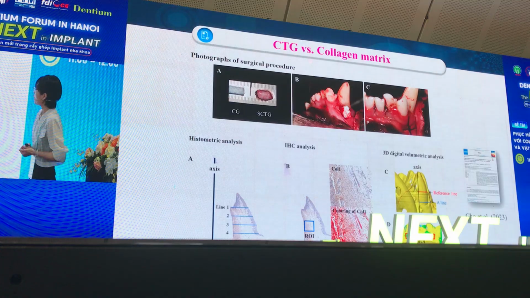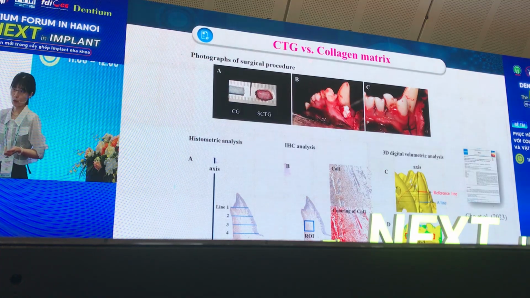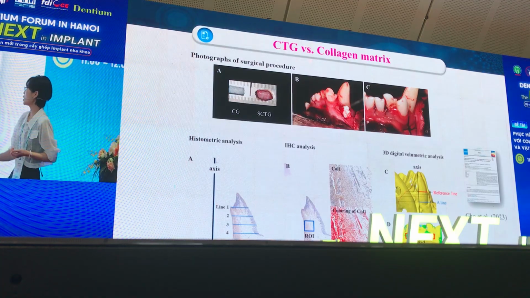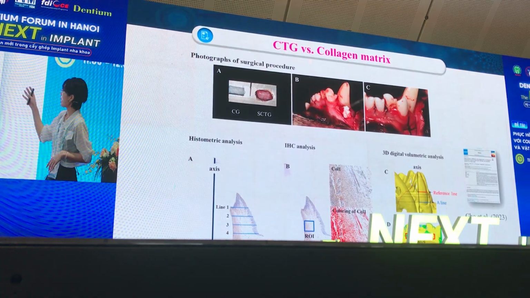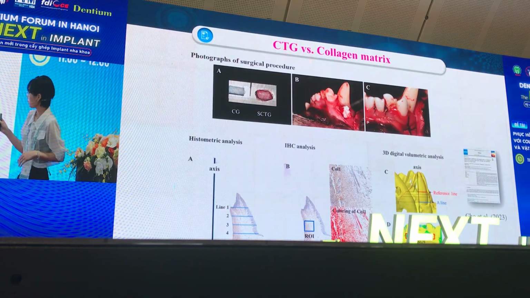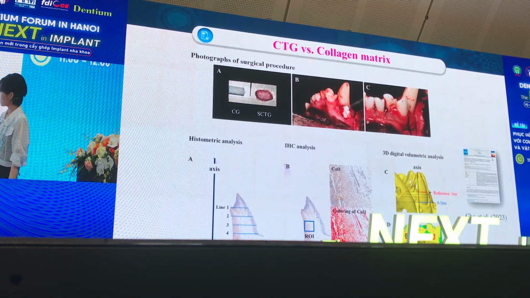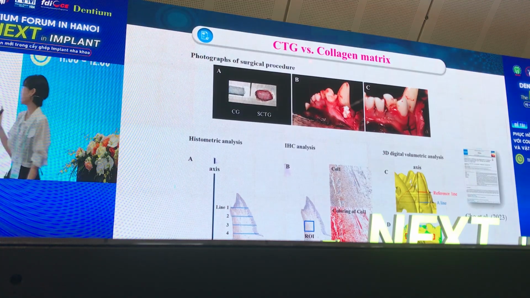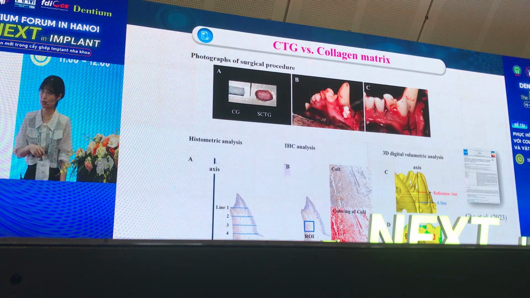So we compared the collagen graft tube and the autograft from the dog palate, the CTG, and did the PDM at the same position. We did histometric analysis and immunohistochemistry analysis, and also 3D volumetric analysis.